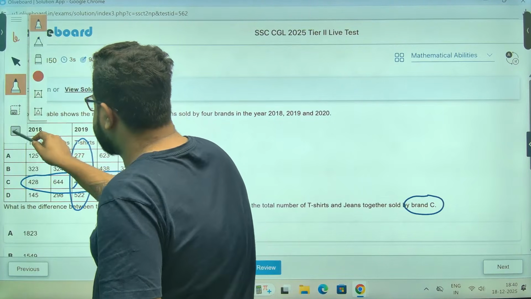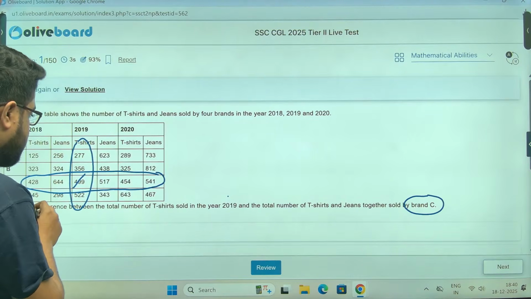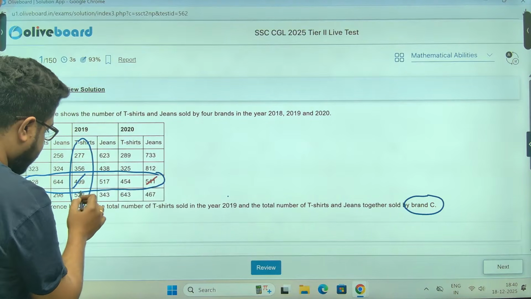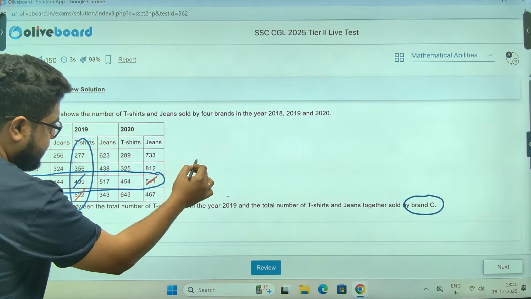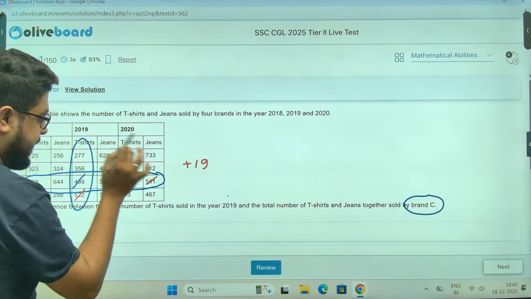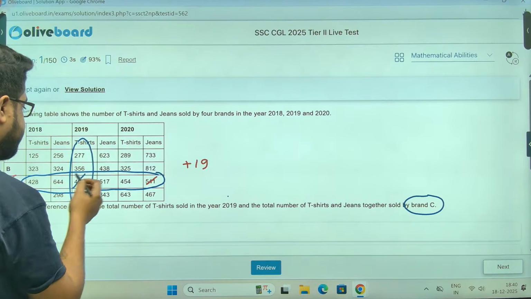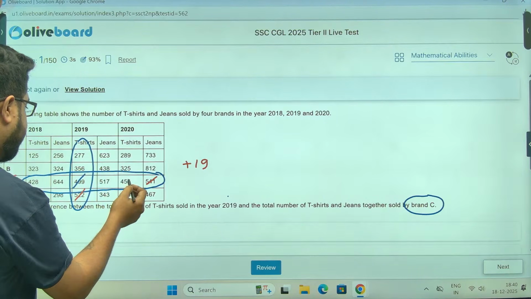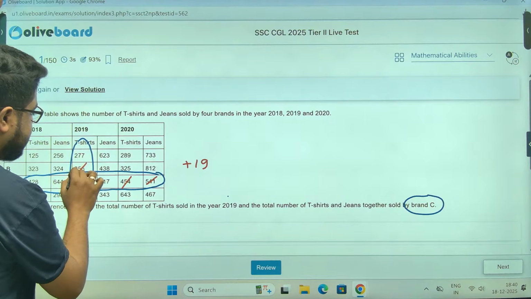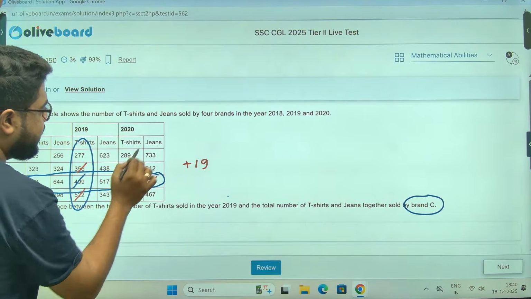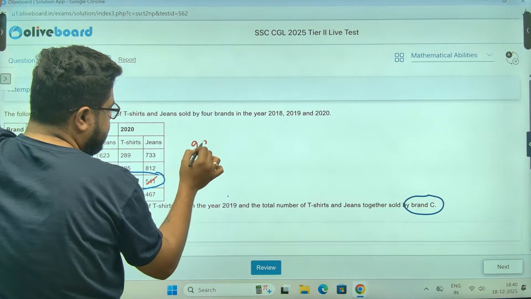Let's try this: 541 minus 522, that is 19. I'm taking C as greater than the t-shirts. Then 454 minus 356, that means 44 here and 54 here. 54 and 44 is 98.